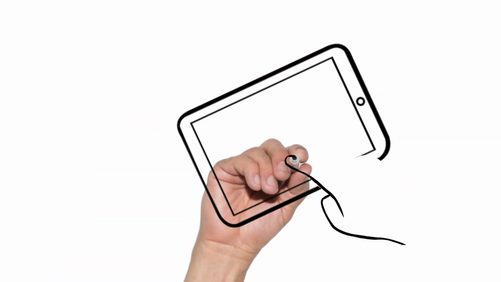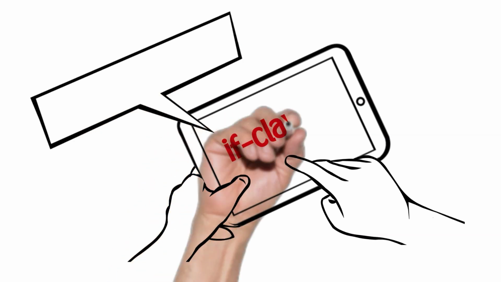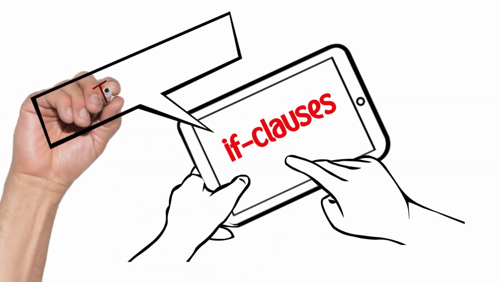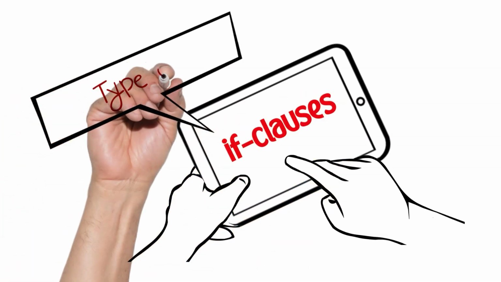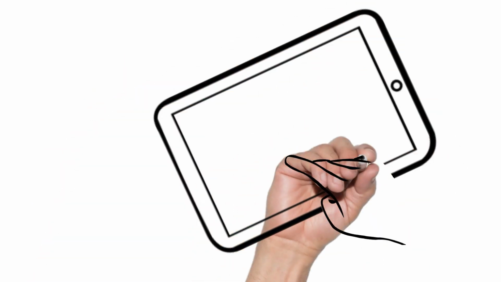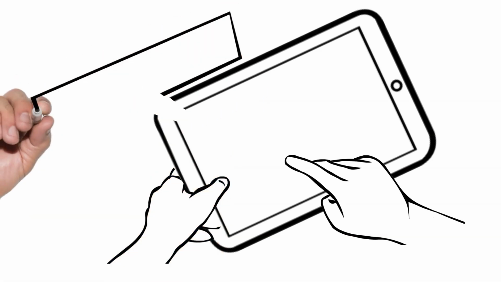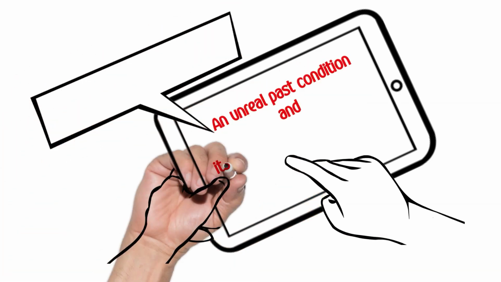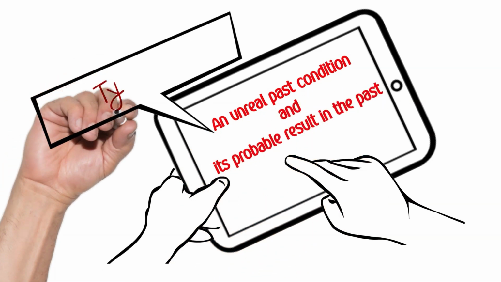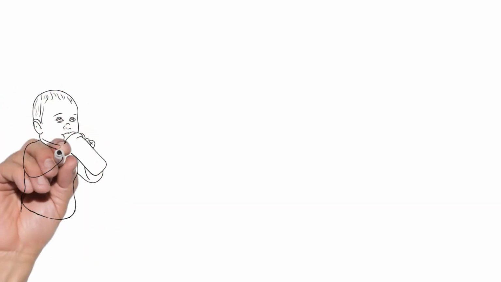Now let's talk about if clauses type 3. Type 3 is a bit difficult, and it is very advanced. When we talk about an unreal past condition and its probable result in the past, we use type 3.